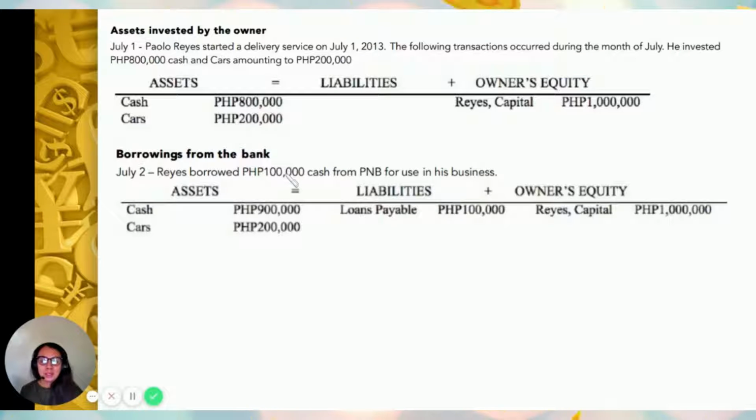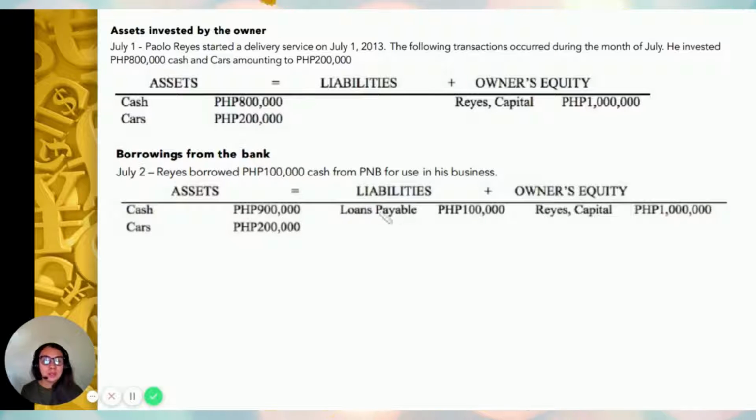And this one is an increase on the asset. It's an increase on the left side of the equation. Therefore, the other side of the equation should also increase. And that increase will go to loans payable. Why is it loans payable? Because that money, that 100,000 cash, was borrowed from a bank.